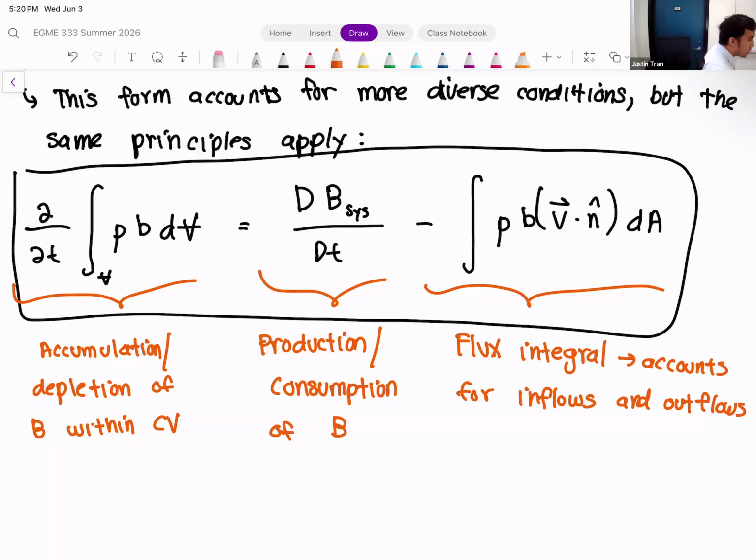term. Okay. Now, the way that we apply this is that this flux term often splits up into multiple different terms, depending on how many inlets and outlets we have.